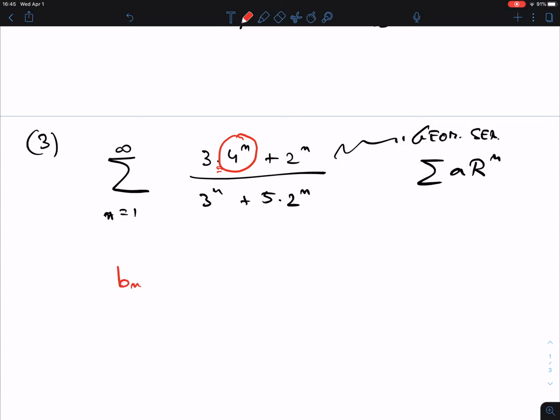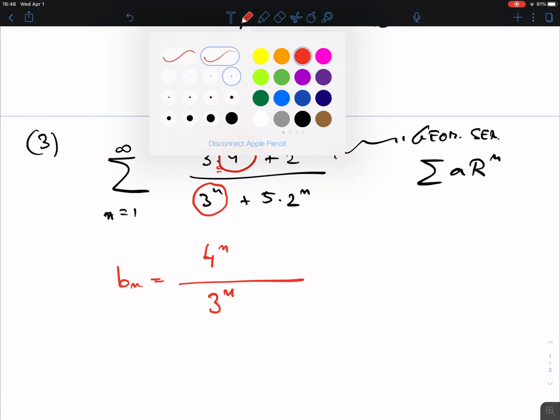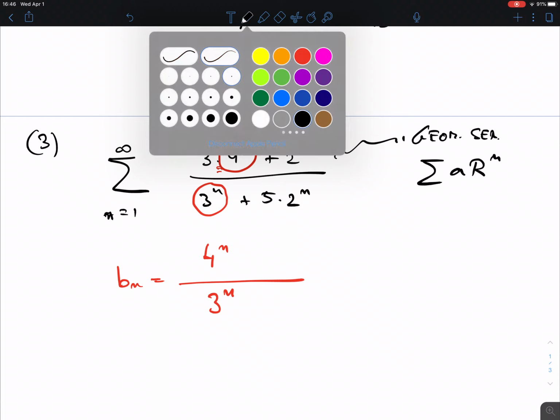So, okay, I'm writing down Bn, and I decided the top, the dominant term, is 4 to the n. And in the bottom, we have 3 to the n plus 5 times 2 to the n. Again, 5 is a coefficient, so it doesn't play, and the one we have is the 3 to the n. It's the biggest, right? Because 2 to the n is a lower base, so 3 to the n. So this is really the choice that we make for Bn by choosing the dominant term.